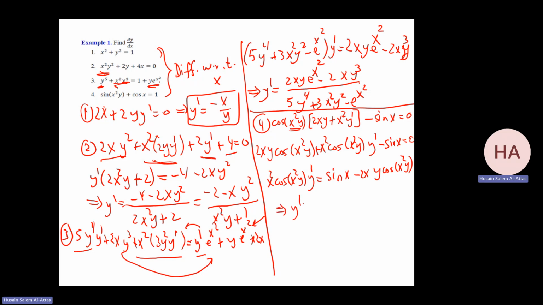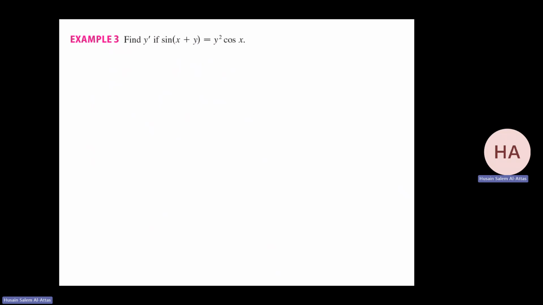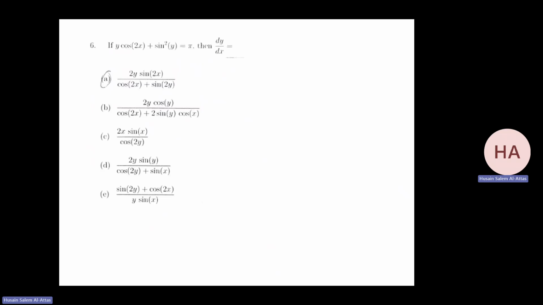So y prime will be sine x minus 2xy cosine x squared y over this, which is x squared cosine x squared y. I think the idea is very clear. Do more problems, okay? And then I will go to the odd examples.